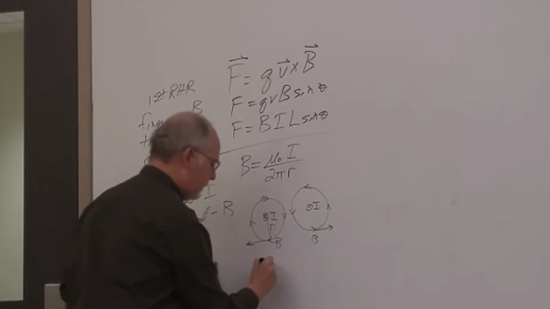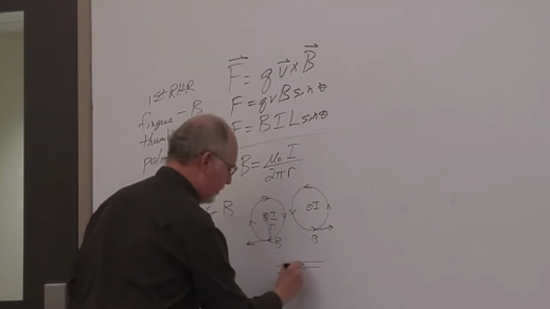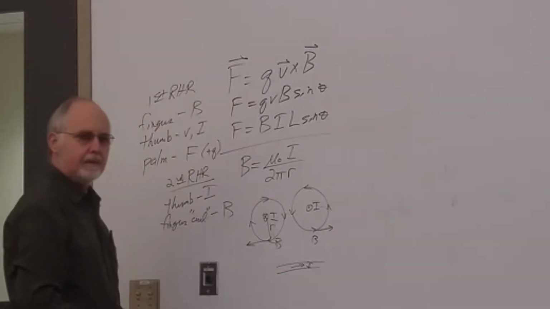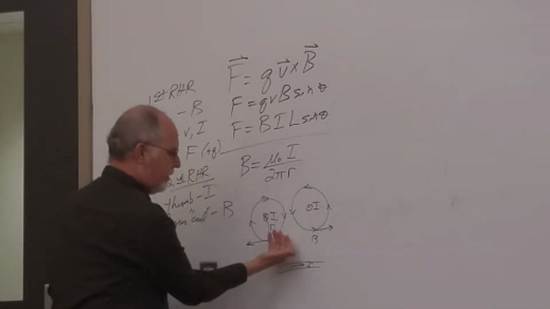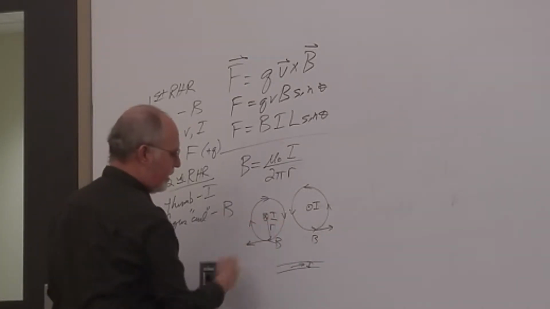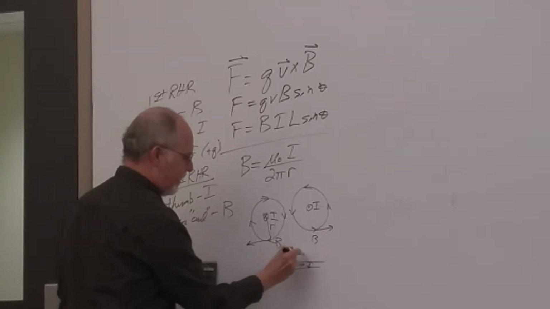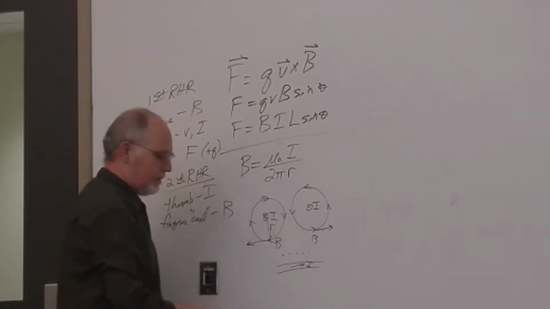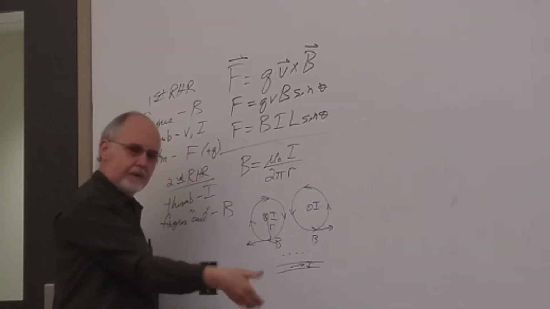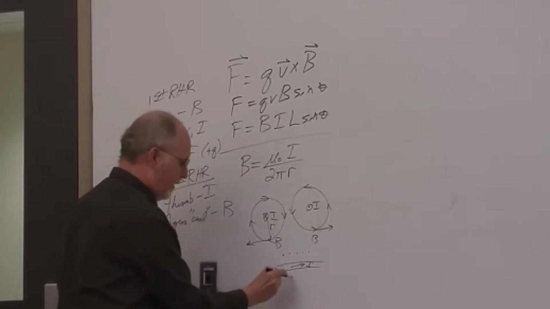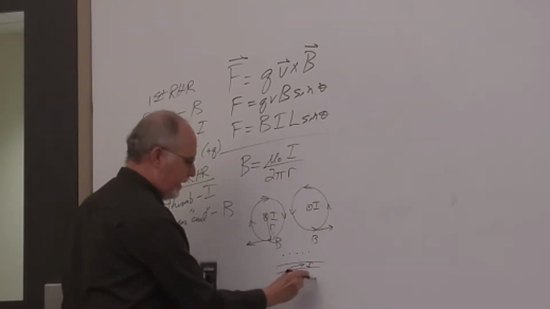If it's going to the right, then as your fingers are above the current, they would be coming out of the board, and below the current, fingers going this way around, the magnetic field would be going into the board.